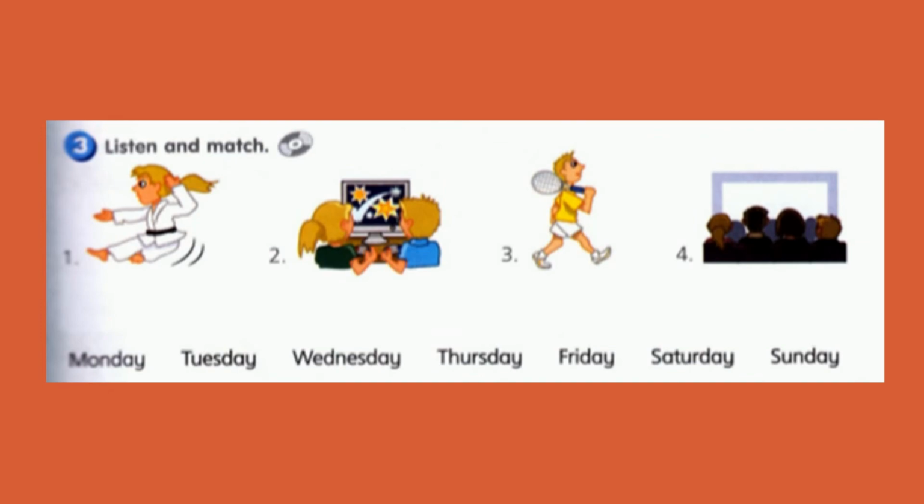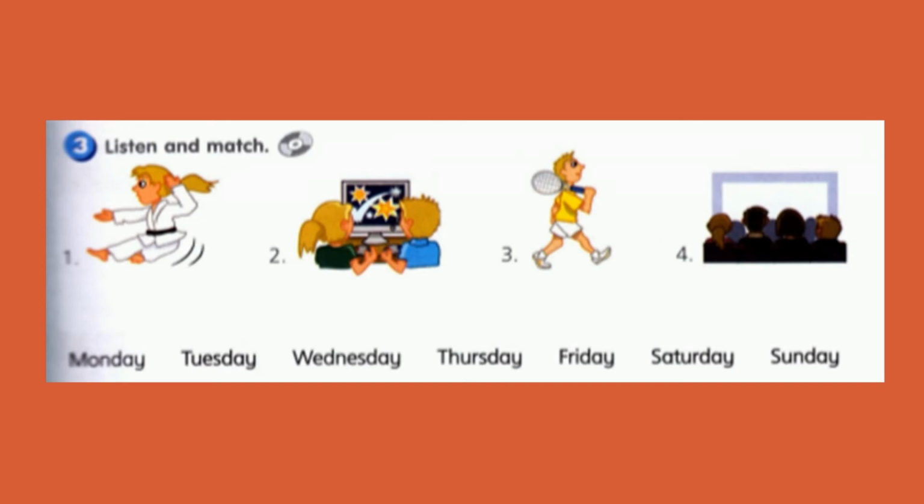Activity 3. Listen and match. 1. Hey, Sue. Do you want to play computer games after school? What day is it today? It's Wednesday. I always have karate after school on Wednesday. 2. Let's play computer games on Thursday then. Sure. Thursday is great. 3.